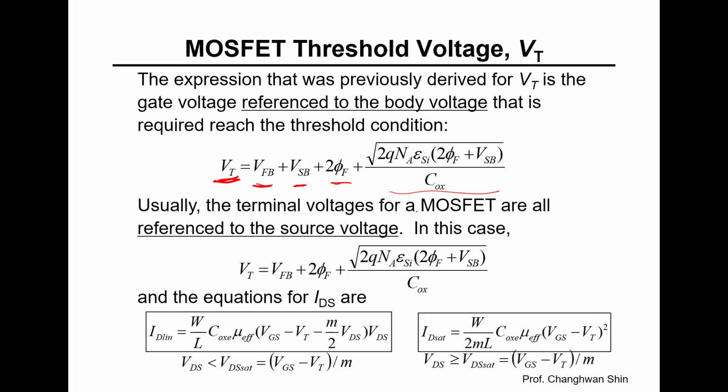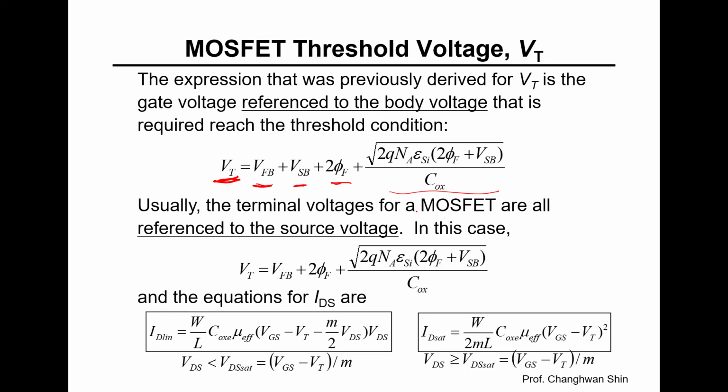In most circuit applications, however, we reference all terminal voltages to the source rather than the body. This simplifies our analysis and better reflects how devices are used in circuits.